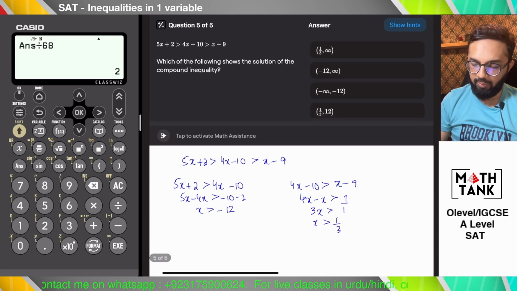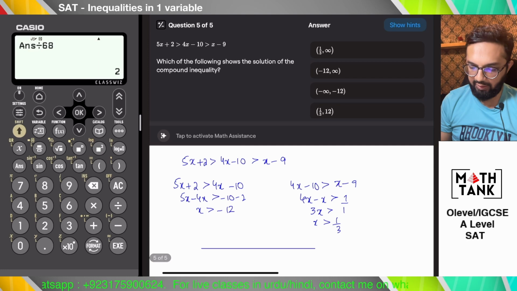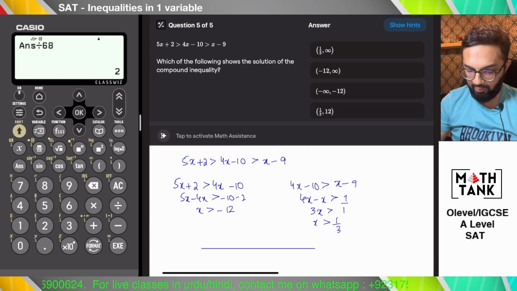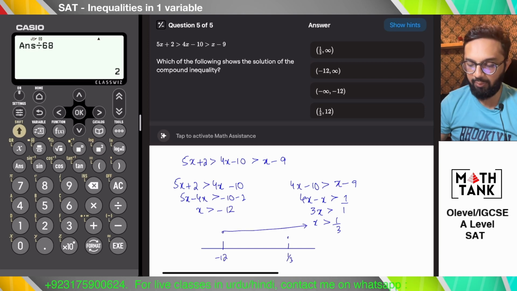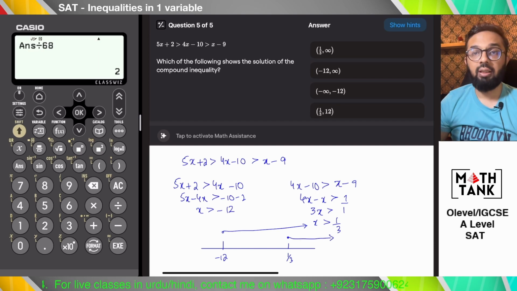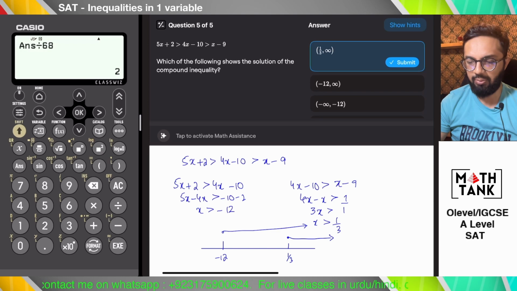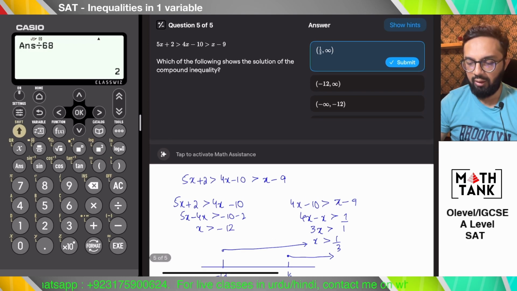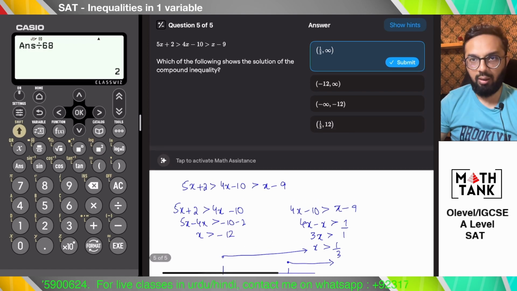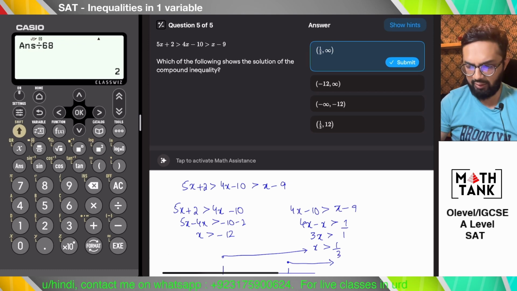Okay. Now remember that both of these are now facing in the same direction, which is unusual. But what I feel is that if something is greater than minus 12, it's not necessarily greater than 1/3. But if something is greater than 1/3, it's necessarily greater than minus 12. Therefore, I think only the second range of values is the correct answer.